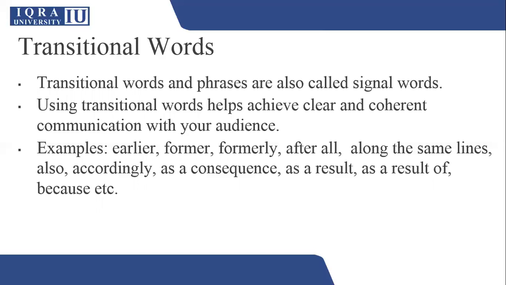Examples: earlier, former, formerly, after all, along the same lines, also, accordingly, as a consequence, as a result of this, because, moreover. Those, this, that, these words will always help you create a relationship with the preceding and proceeding sentences in a paragraph.